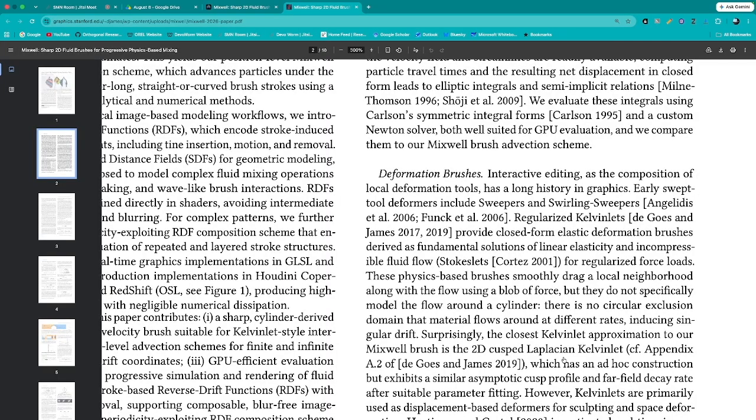So then they talk about deformation brushes, which are much more recently developed. This is basically this idea of interactive editing as the composition of local deformation tools. So this is something that has been around for quite a while in computer graphics. Early swept tool deformers include sweepers and swirling sweepers, regularized Kelvinlets, and other tools.